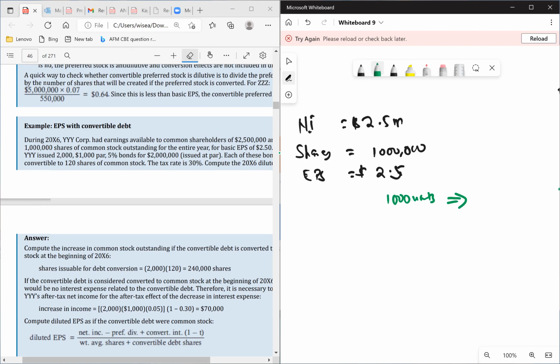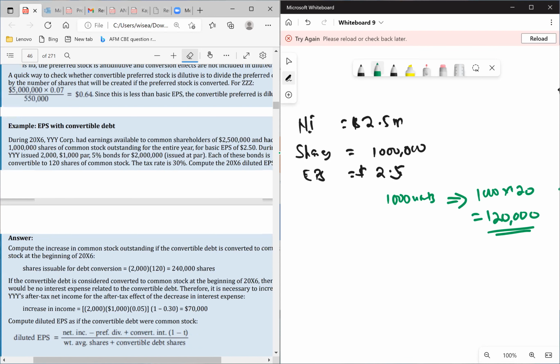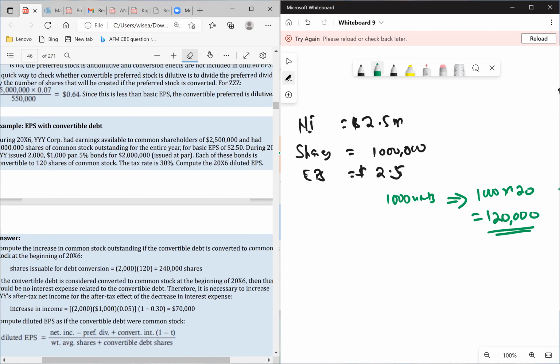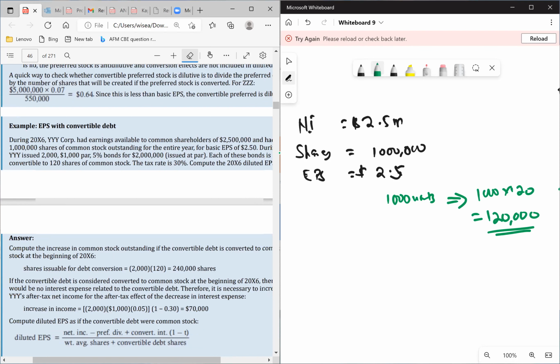So that would be 2,000 times 120, giving us 240,000 extra shares. So the denominator will be 240,000 plus the 1 million.